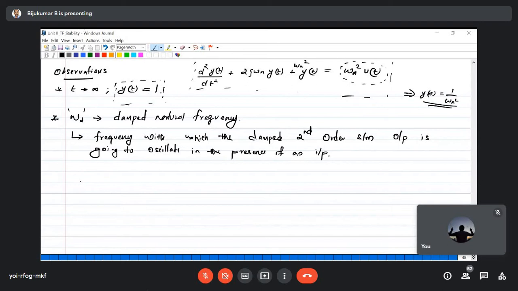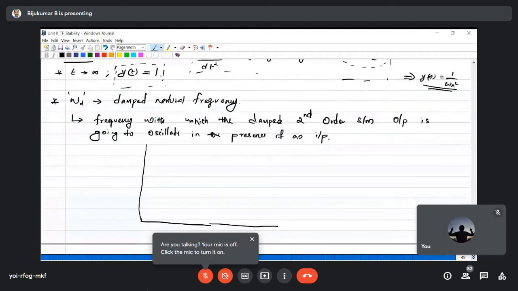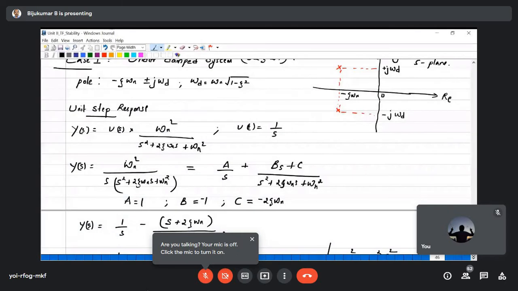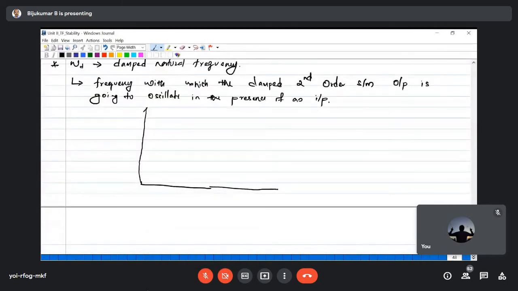Okay. So how can we draw the response diagram with respect to t? We already know the equation, right? So how can we draw it? The response of the second order system. This is a damped second order system.